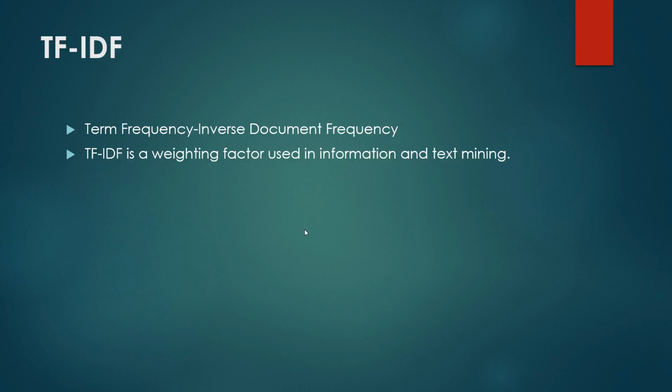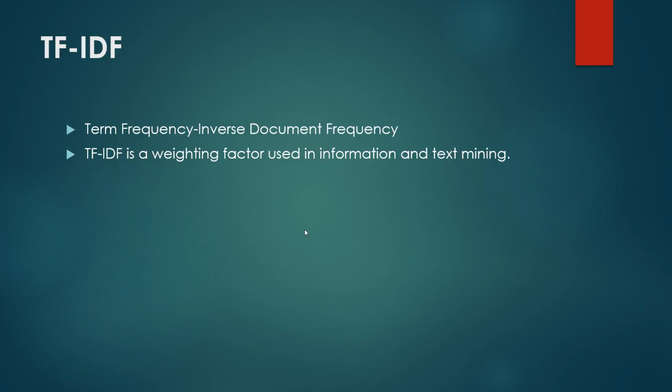The situation can be adjusted by IDF, which is inverse document frequency. DF can be obtained by dividing the total number of documents by the number of documents containing the term. IDF is the inverse value of DF, and TF-IDF is the product of the two statistics.